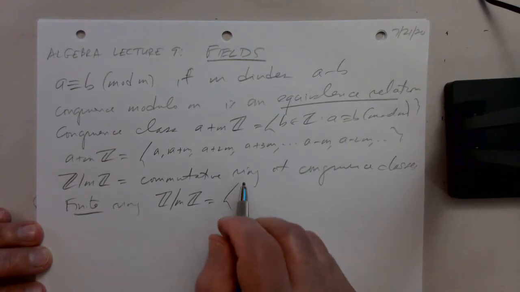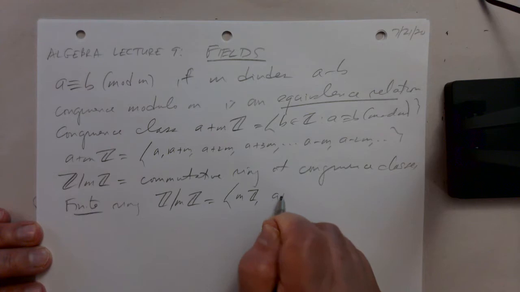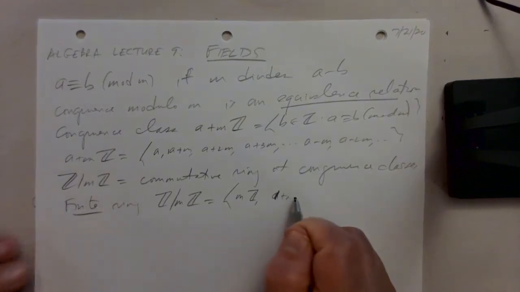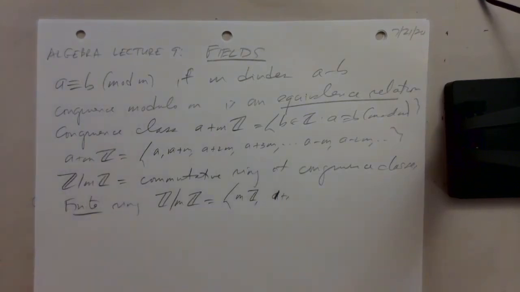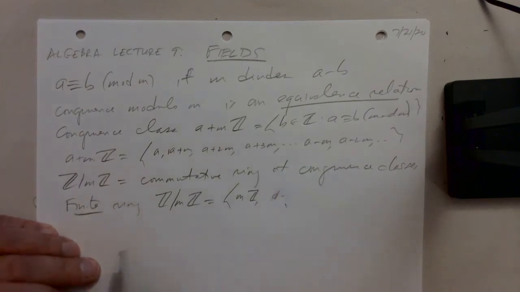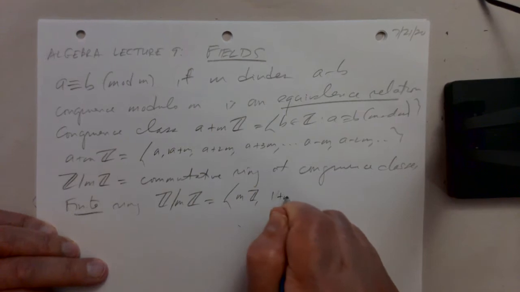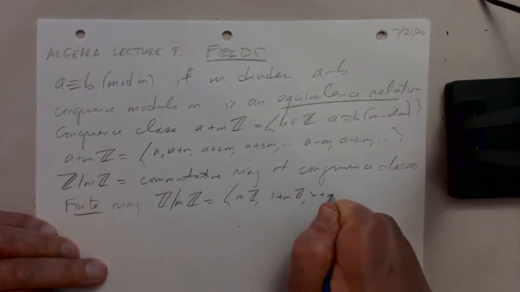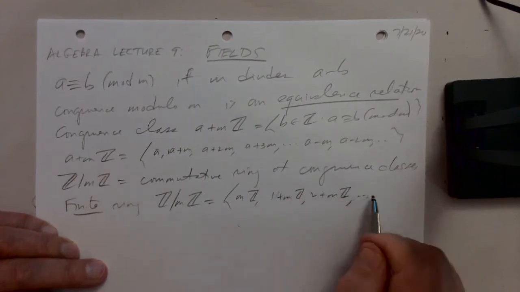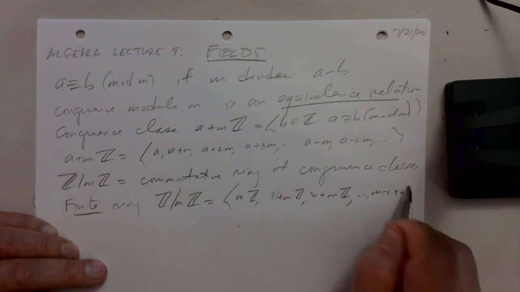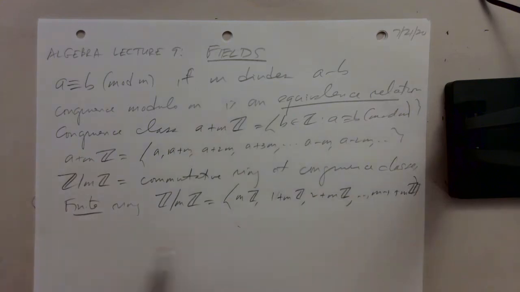And it consists of mZ, 1 plus mZ, 2 plus mZ, up to m minus 1 plus mZ. So this ring has exactly m elements.